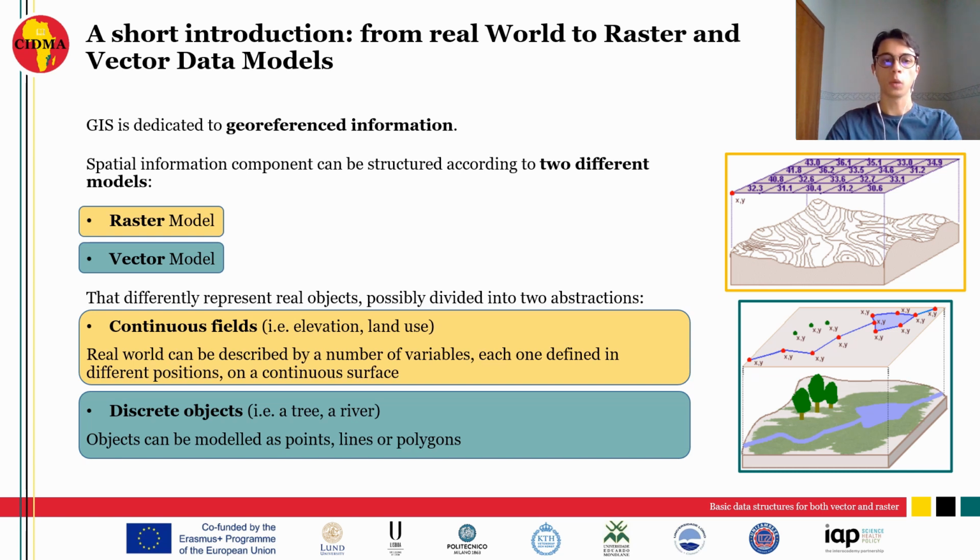On the other hand, we have discrete objects, for example, a tree or a river, that is, all those elements that are modeled by means of simple geometric elements, a point, a line, and a polygon.